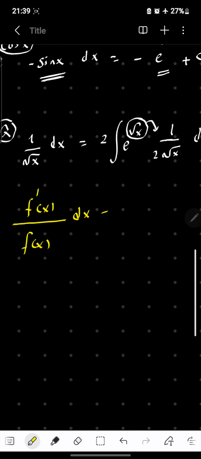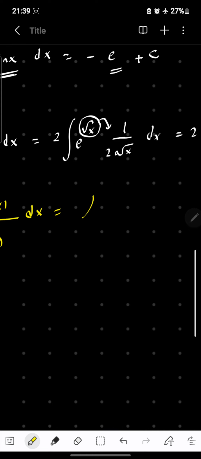What will you do if you face a logarithmic function? If you are asked to differentiate ln x or ln of any function, you take the argument inside the ln and put it in the denominator and differentiate it in the numerator. So it will be ln f of x.